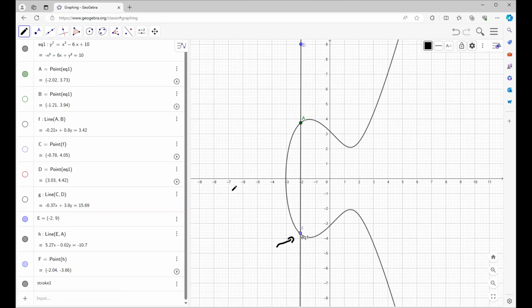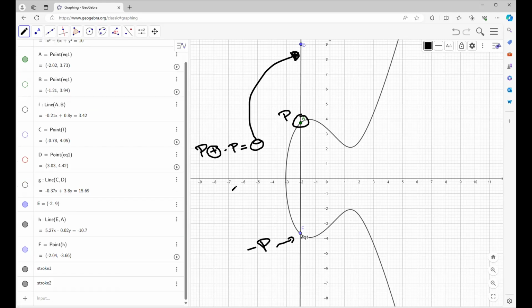If this is the point, we'll call it P, then this point down here is negative P, because P plus negative P is equal to that curly O. That's the infinity. So that is where we have this.